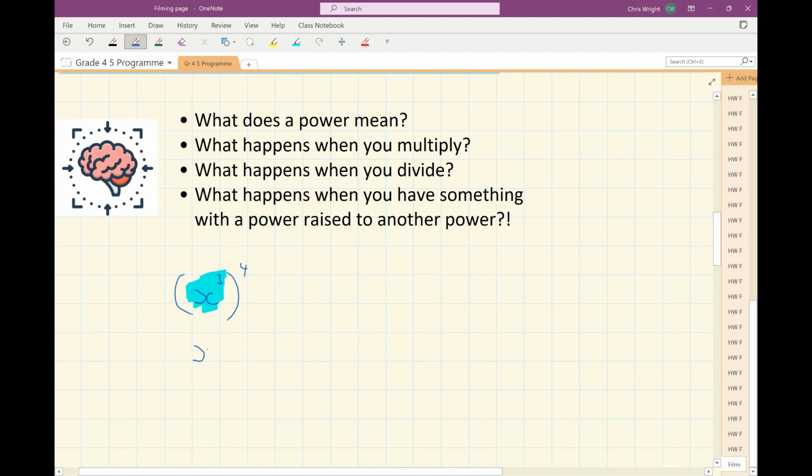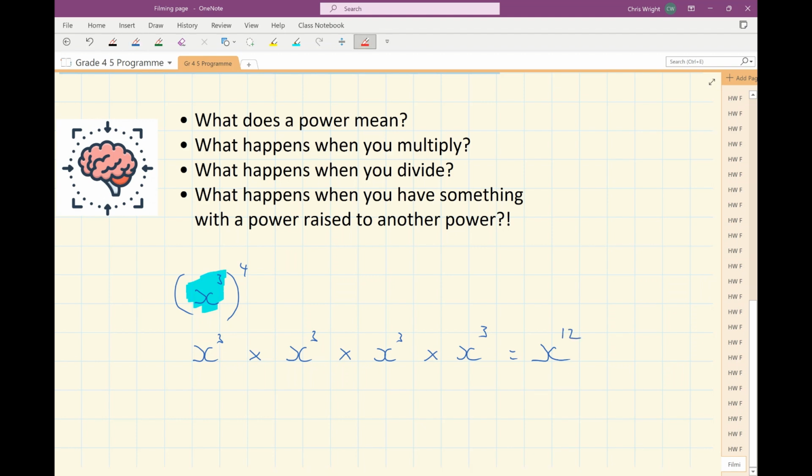So it's this something multiplied by this something, multiplied by this something, multiplied by this something. There it is, x cubed to the power of 4. And now, if I use my first rule of indices, I'm multiplying here, so I'm going to add the powers. 3 plus 3 plus 3 plus 3 is 12.